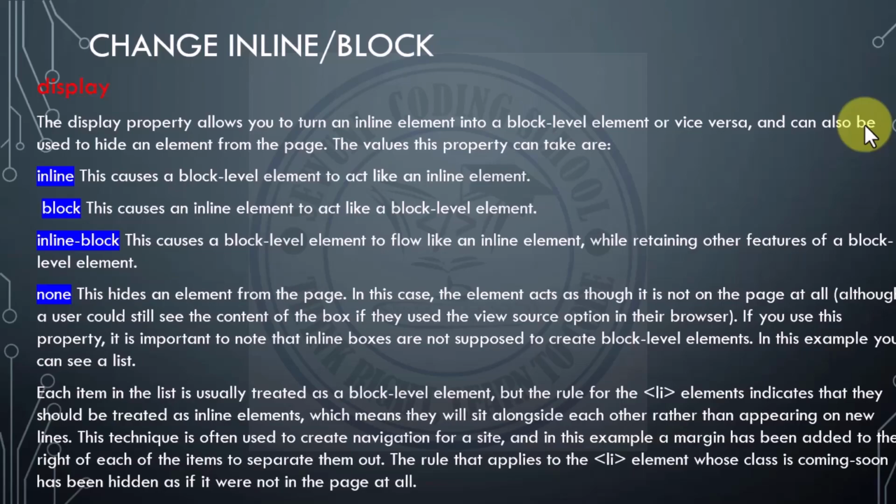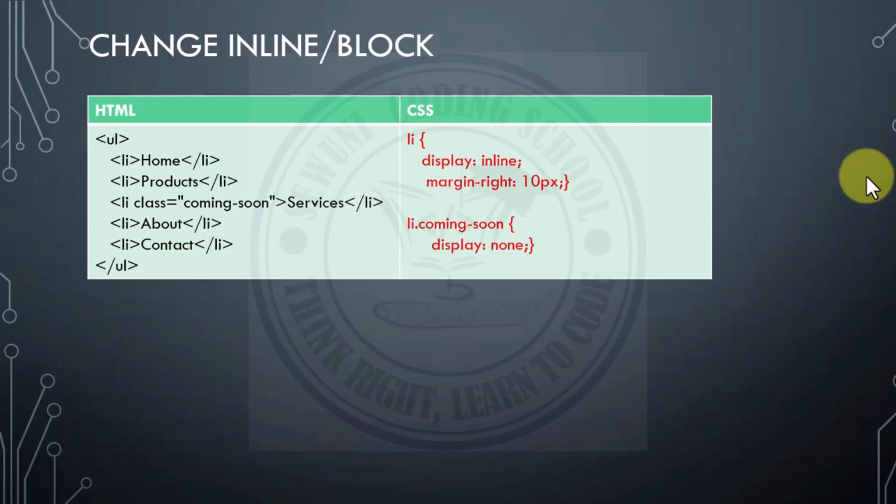Let's go to our text editor. I am going to explain this. Now you see, this is an unordered list. It has some list items: home, products, coming soon, which we are going to hide, about, contact. Now coming soon is going to vanish completely on the page, even though it is written in our code.